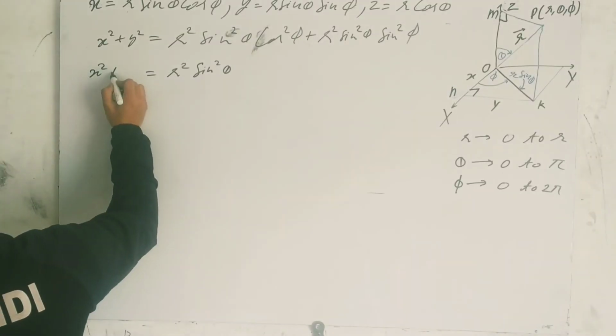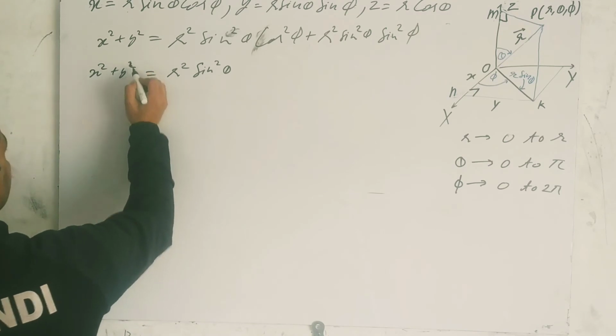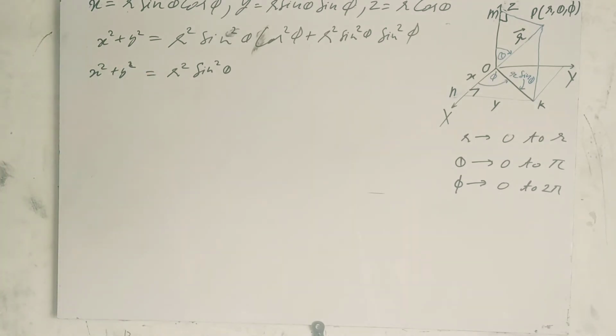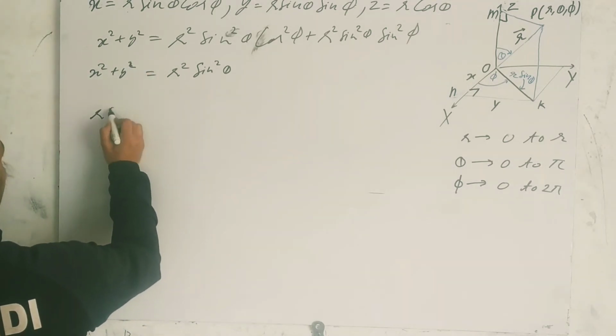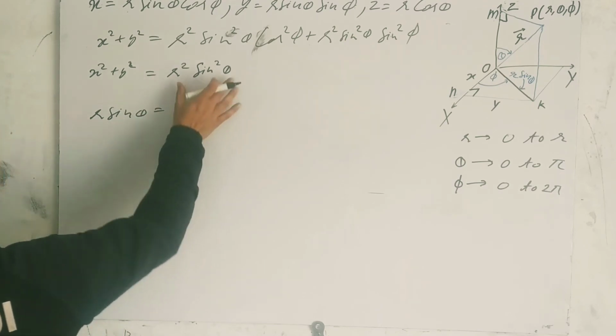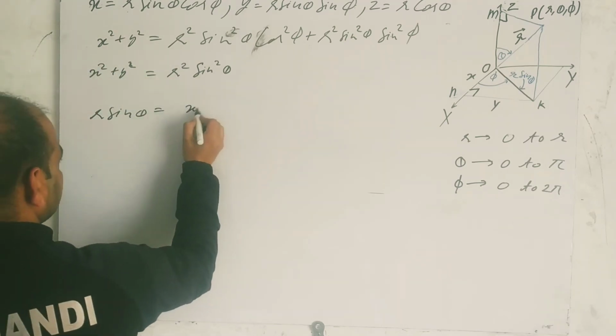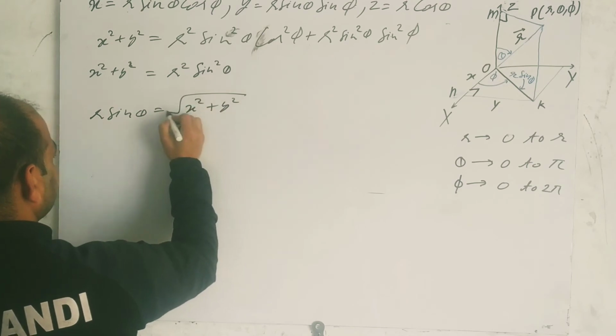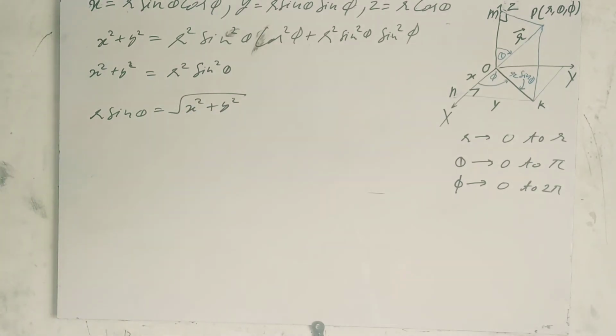So it is x square plus y square. Now r sin theta is equal to, taking the square root, the square root of x square plus y square.